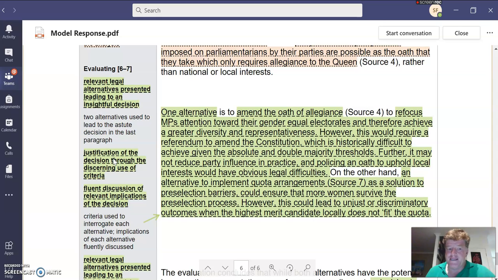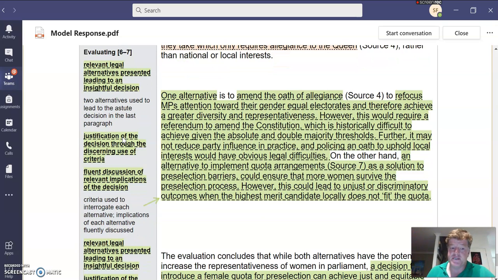Then you've got to evaluate. So you've got to present legal alternatives. And this is probably the part that's not always the clearest. But make sure you're thinking about what are legal alternatives. So one alternative is to amend the oath of allegiance, which requires a referendum. Another alternative is to increase the quota arrangements. So there's a justification of those things based on criteria.